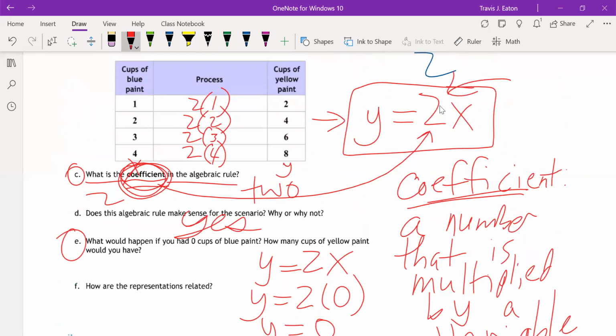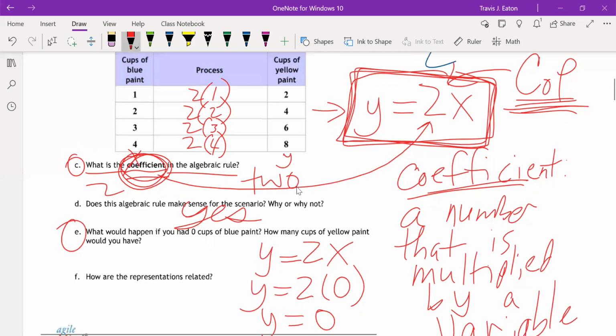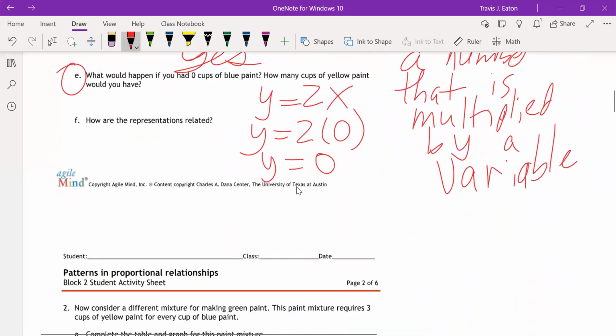You'll notice that in this case, the coefficient of x is also the constant of proportionality. That's important. When we have an equation of a proportional relationship like this, the coefficient of x is the constant of proportionality, meaning you will always multiply your x times that number to find the y. Very nice indeed.